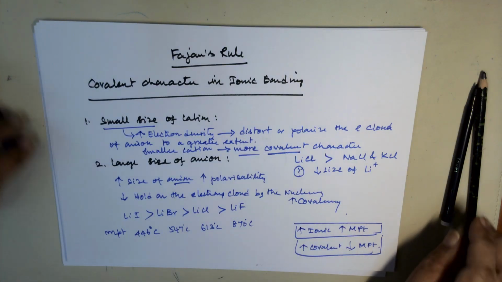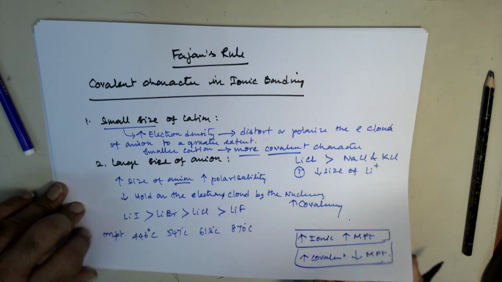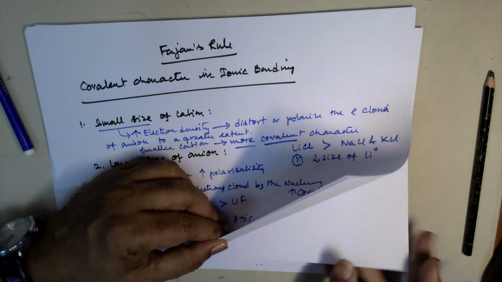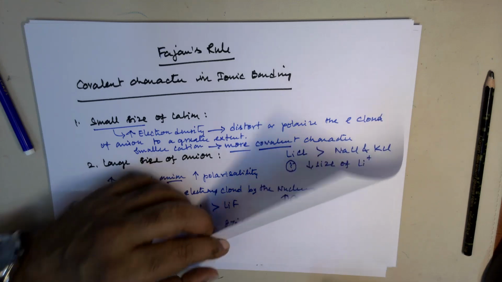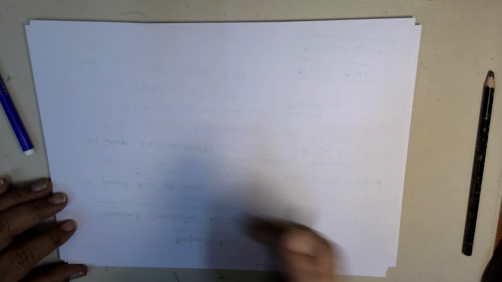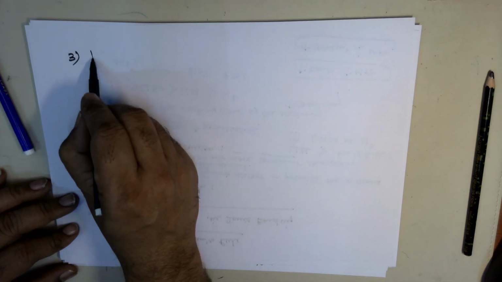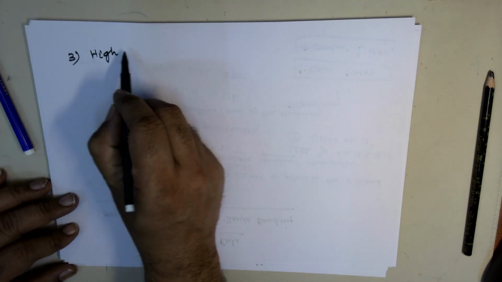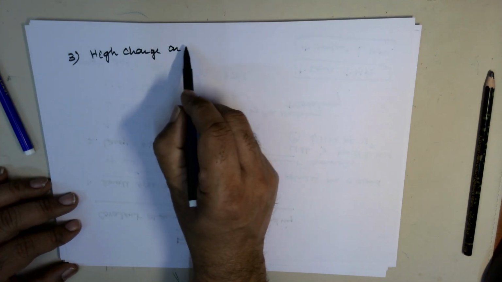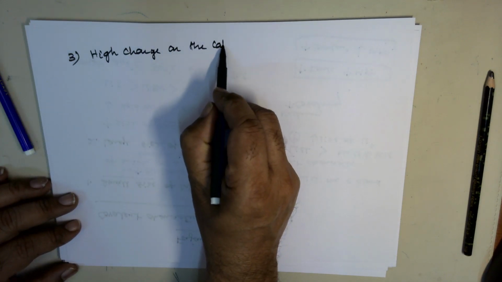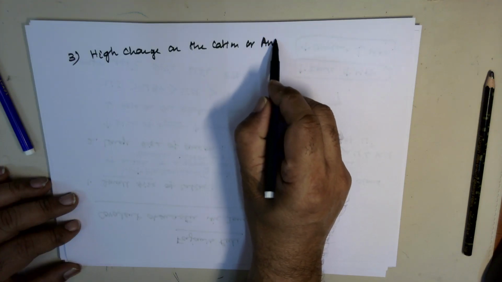Now the third one, high charge of the cation or anion. That is also responsible for such kind of partial character. High charge on the cation or anion.